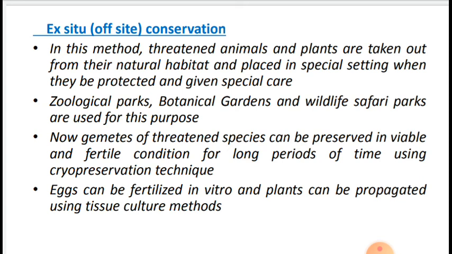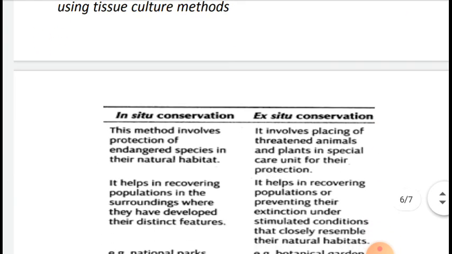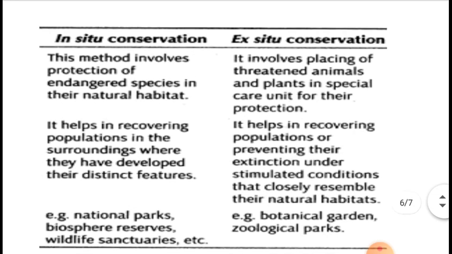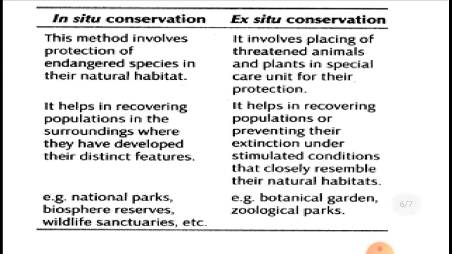germinated. If we compare both types, in situ and ex situ: the in situ method involves protection of endangered species in their natural habitat, while ex situ conservation is placing threatened animals and plants in special care units for their protection. In situ conservation helps in recovering populations in the surroundings where they have developed their distinct features. Ex situ helps in recovering populations or preventing their extinction under simulated conditions that closely resemble their natural habitat.